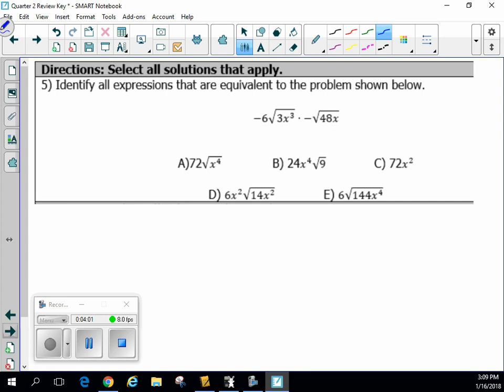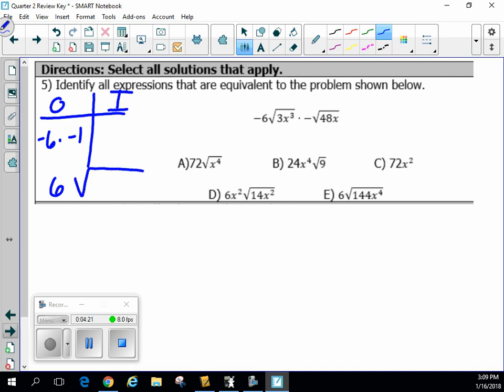Number 5, we need to remember how to multiply radicals. In order to multiply radicals, I multiply the outside numbers together and the insides, and then I simplify. My outside numbers are negative 6 times negative 1 to make positive 6.